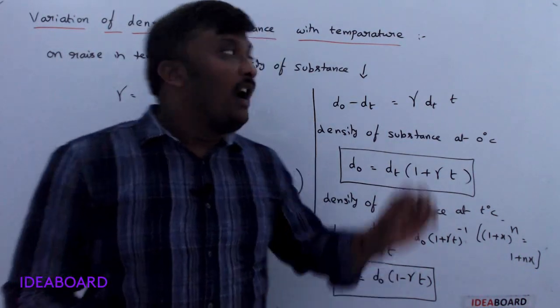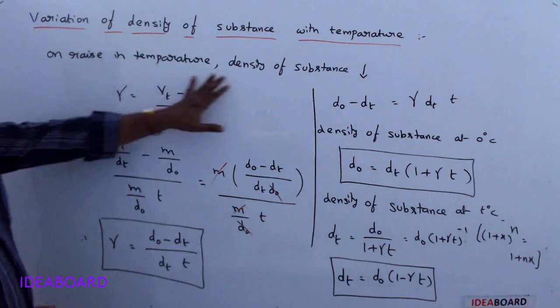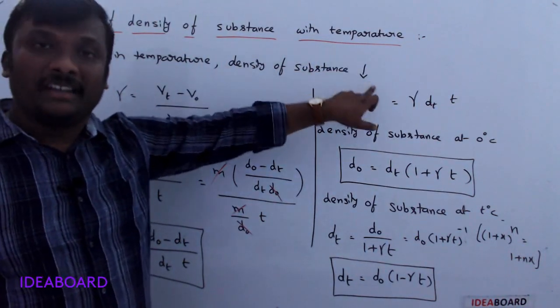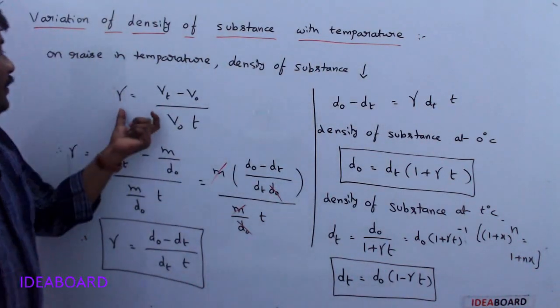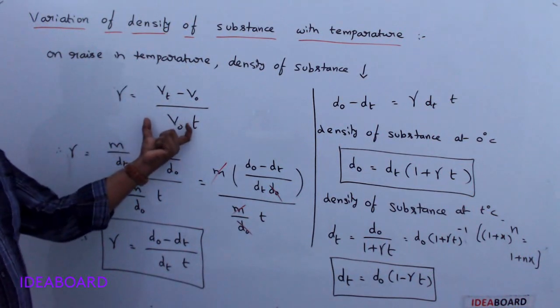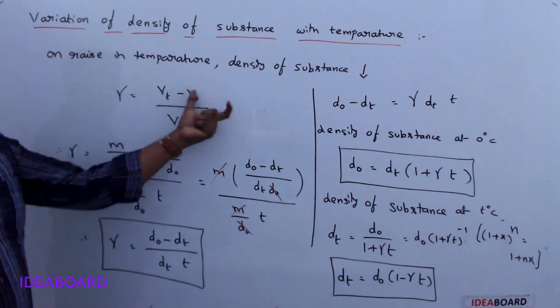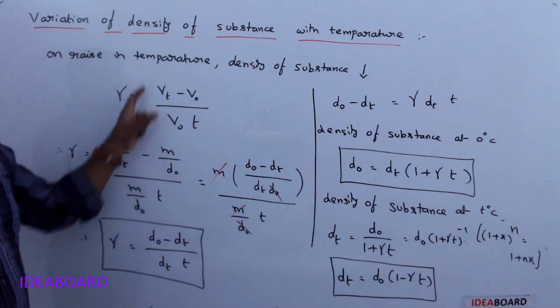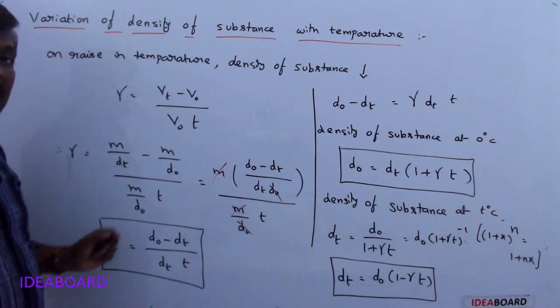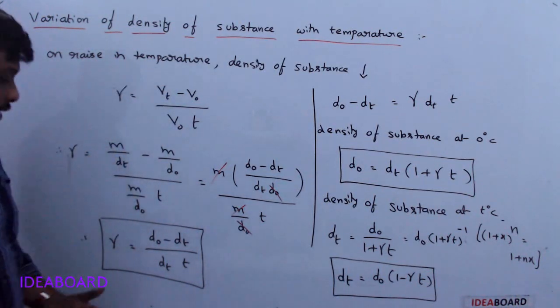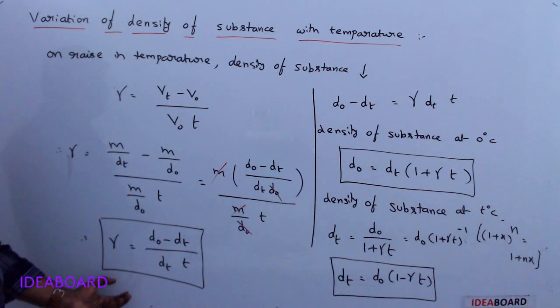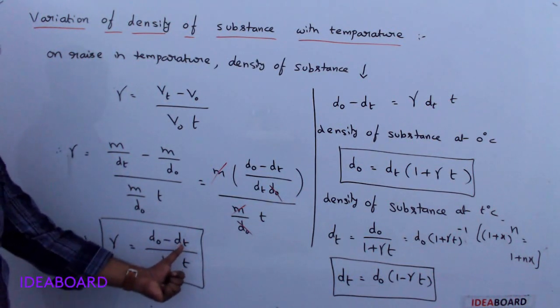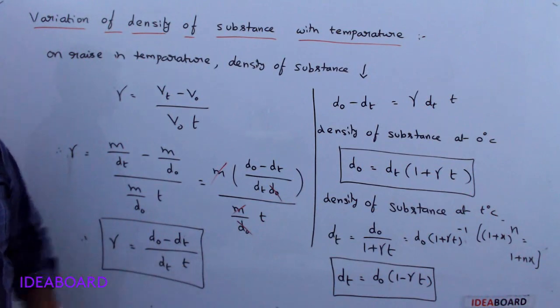So these are the formulas related to the variation of density of a substance with temperature. Simply, on rising temperature, the density of the substance always decreases. From the formula of the coefficient of cubical expansion, Vt minus V naught by V naught into T, instead of volume I substitute mass by density and I got the relation gamma equal to d naught minus dt by dt into t.